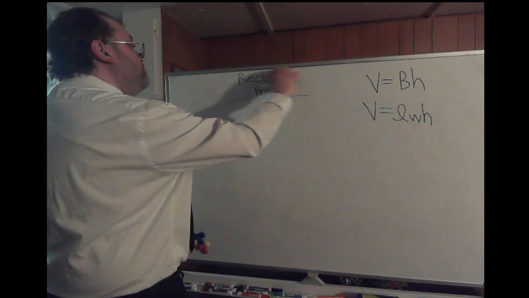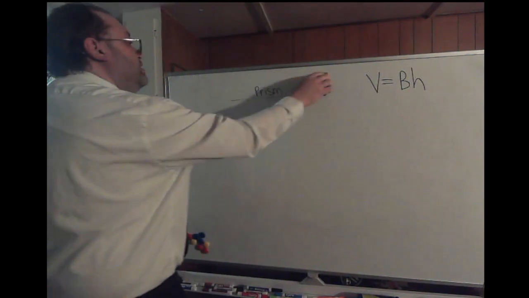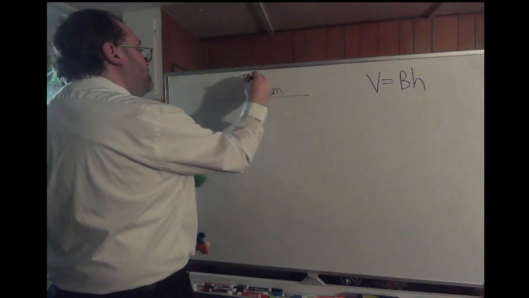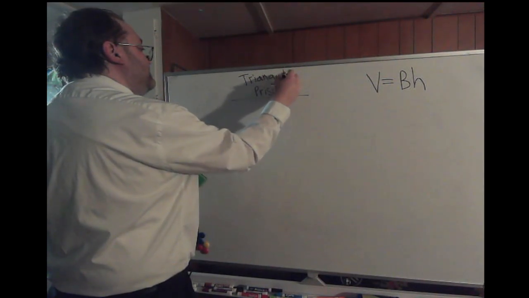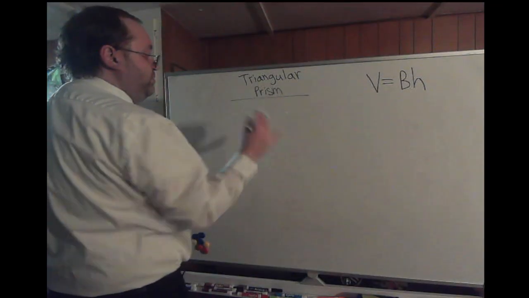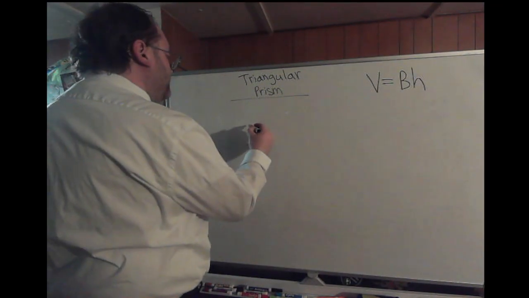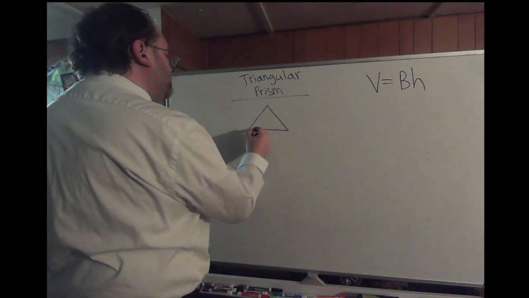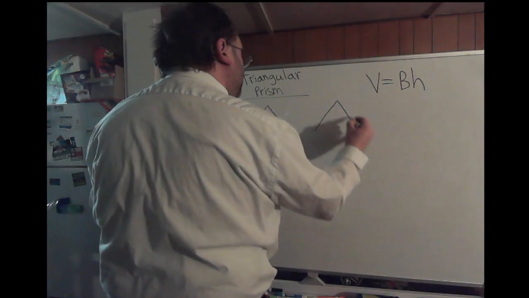Now, why don't we get into another type of prism, which is a triangular prism? The classic ones you use to see light pass through to form a rainbow, a triangular prism. So let's make a triangular prism here.